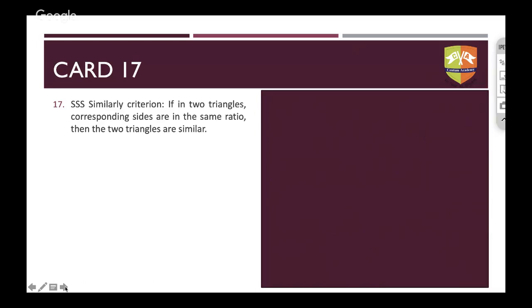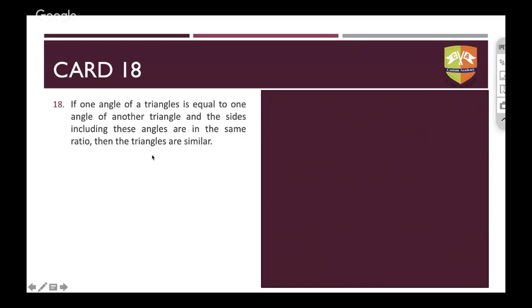Next slide. Yeah. Now, if one angle of a triangle is equal to one angle of another triangle and the sides including these sides are in the same ratio, then the triangles are similar. This is nothing but SAS. Wait a minute.